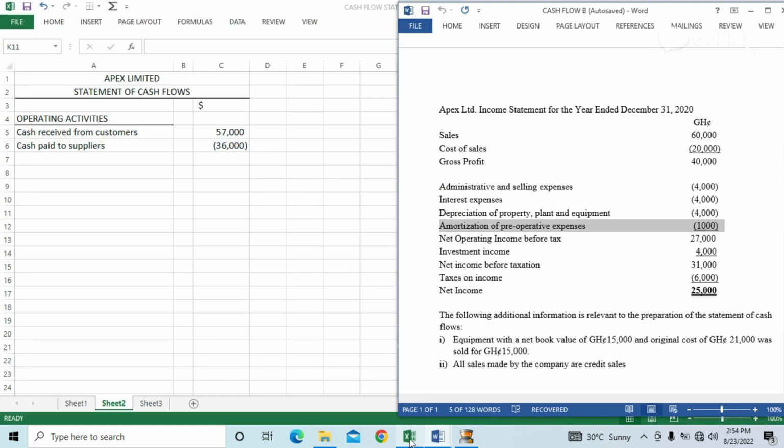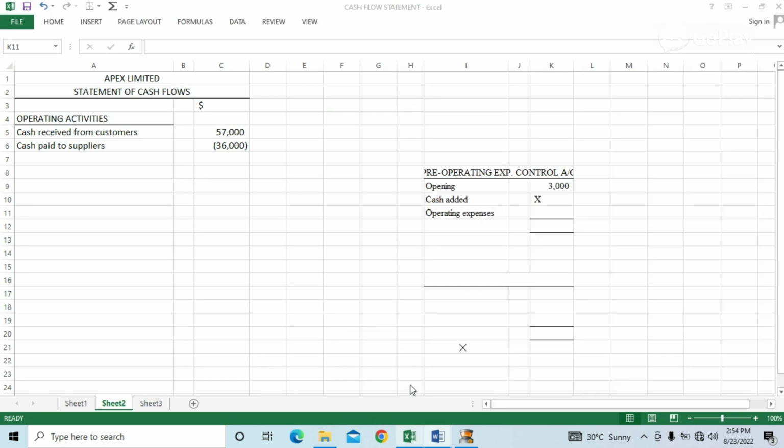So when you come to your Excel, they consumed 1,000 cedis out of it. So that will give you the closing balance in the balance sheet for the year 2020. And how much was the closing balance? That was 2,000.